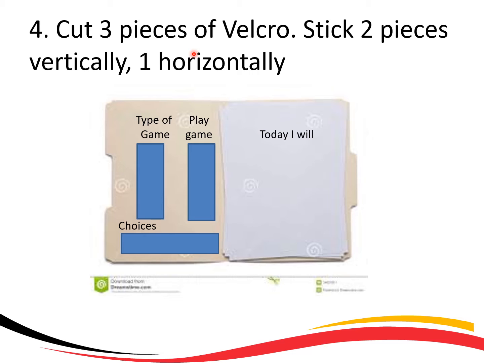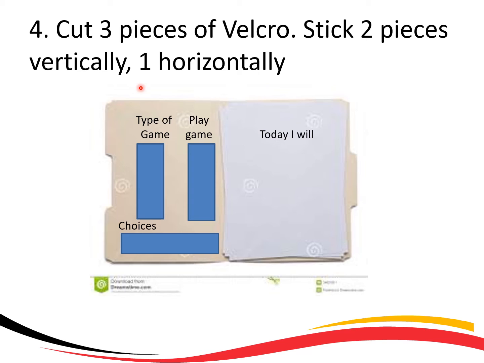If you want to know exactly how long to make it, you can put each one under. You have your 2 vertical columns, so you can measure how much room you have between the top titles and the bottom title of choices, and then a longer strip for the bottom for your choices.